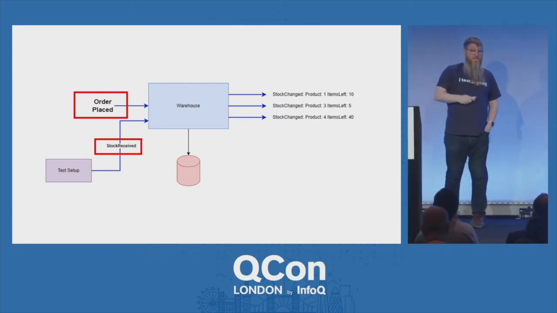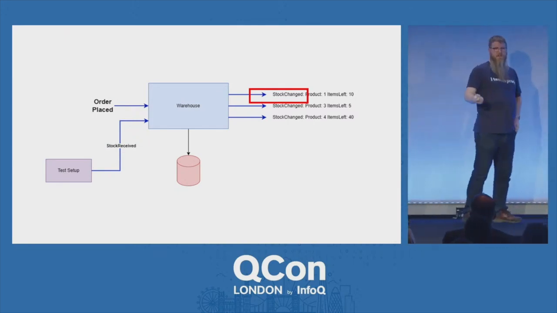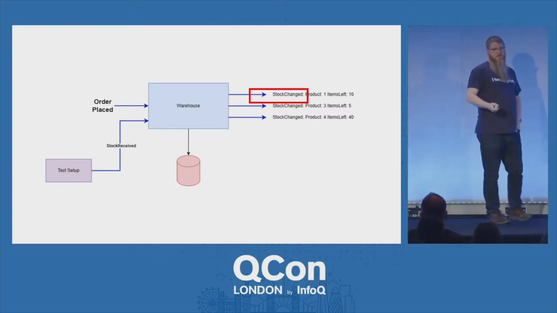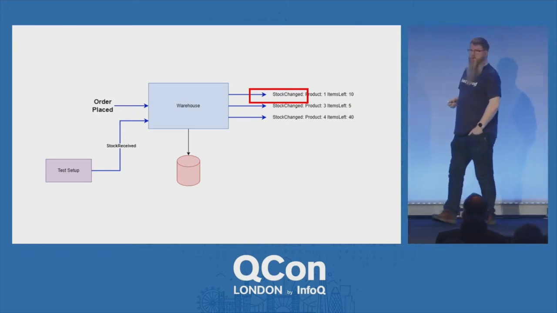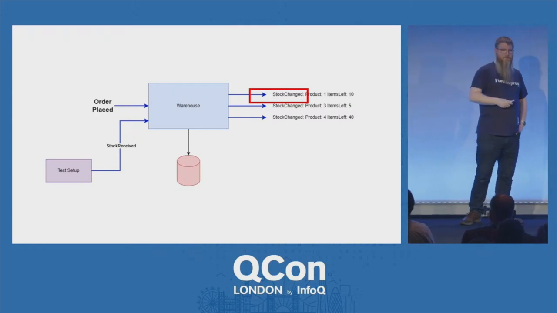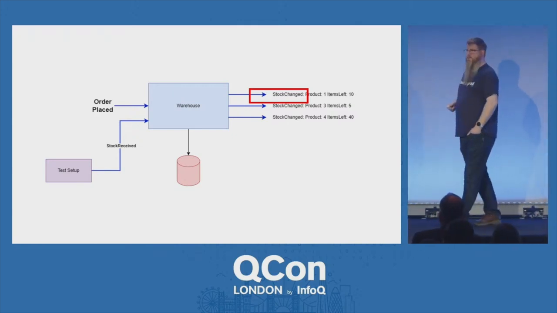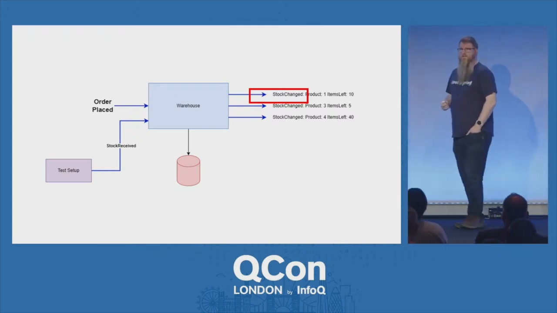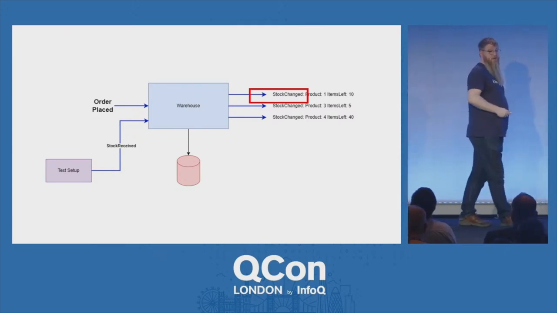Now, when we place these two things in, we then check to make sure that we've received a stock received message. That's all that test should do. Now, a lot of people would call this integration testing. I don't agree. I call these developer tests. And the reason I call them developer tests is because we write these things in memory.